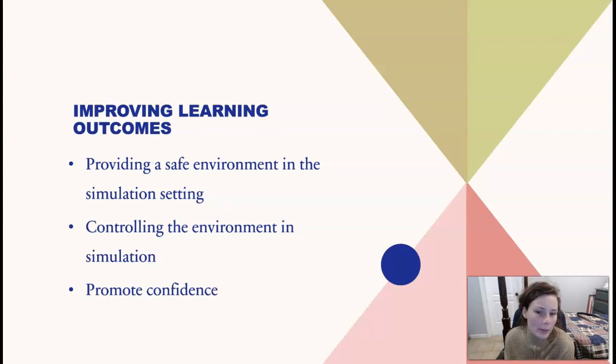And how do we provide a safe environment as an educator? We promote trust with the students, but we also, this is something that I suggested that all nursing programs have, a contract with the student saying, hey, I will not discuss outside of simulation the scenario or talk with other students about the other students' performance.